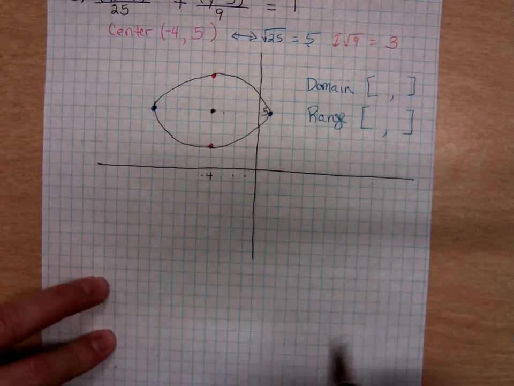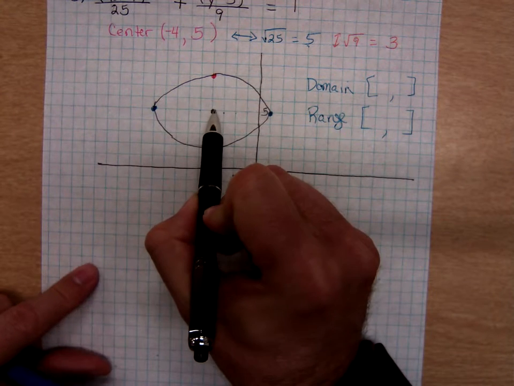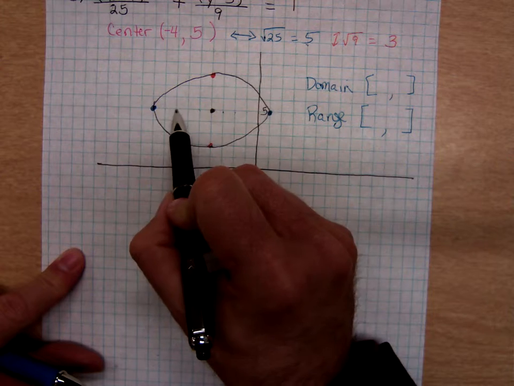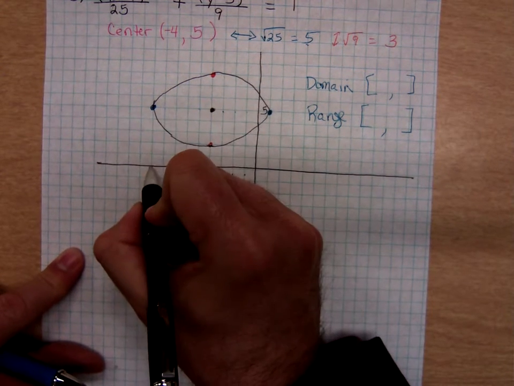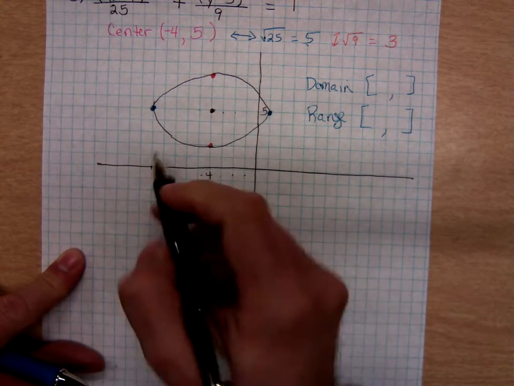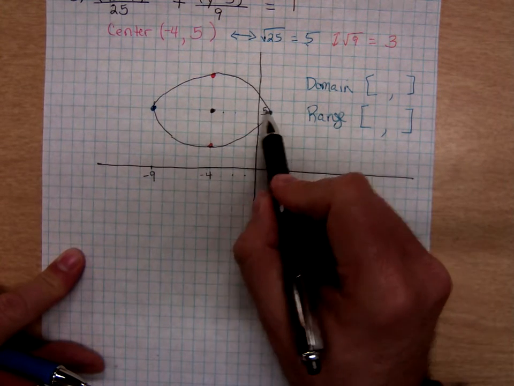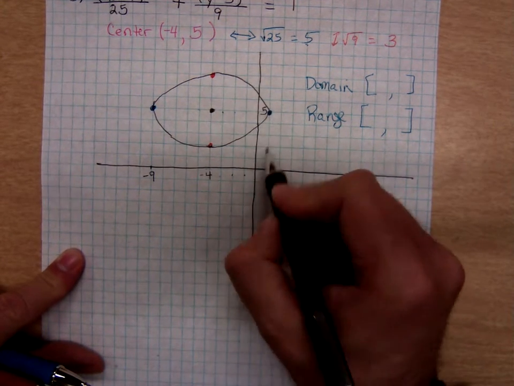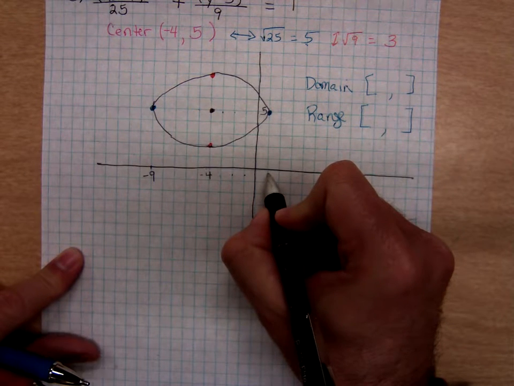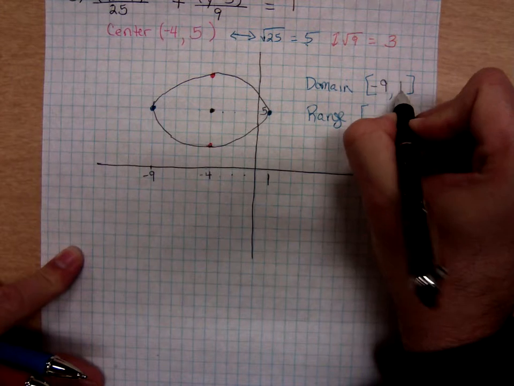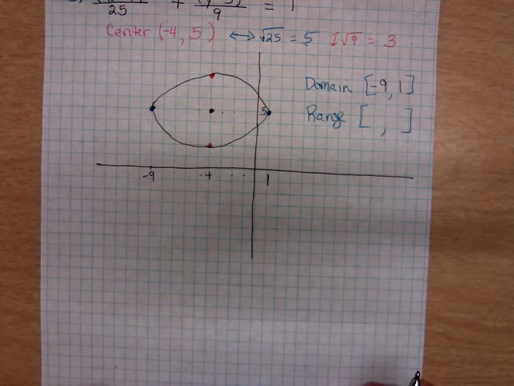When I started here and moved left 5, what number am I at? -9. And when I moved right 5, where am I? +1. So the domain would be -9 to +1, including those numbers.